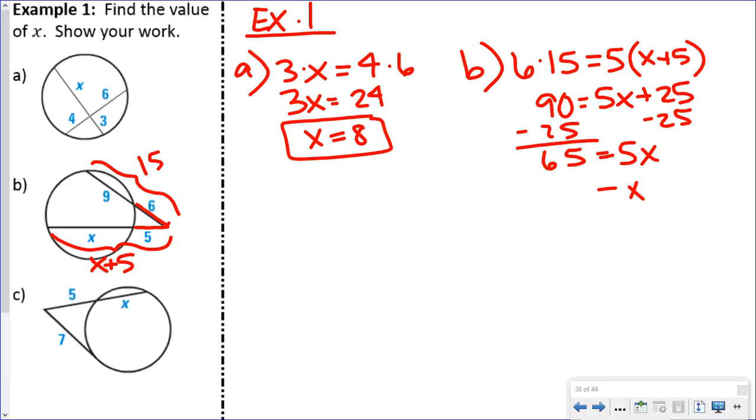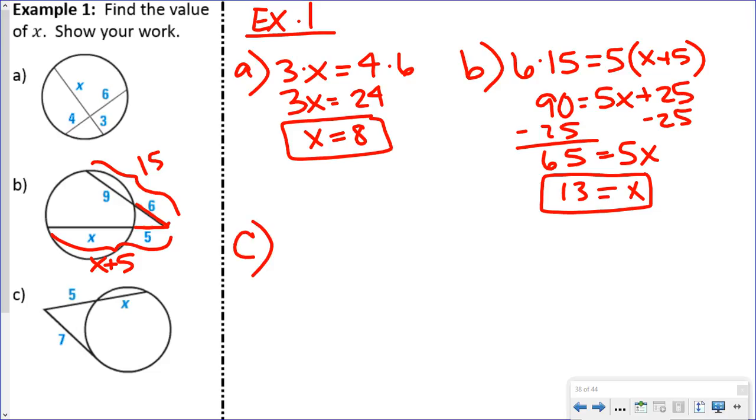Divide it out. Is that 13? Yep. So that's x. All right, so that was the second one.